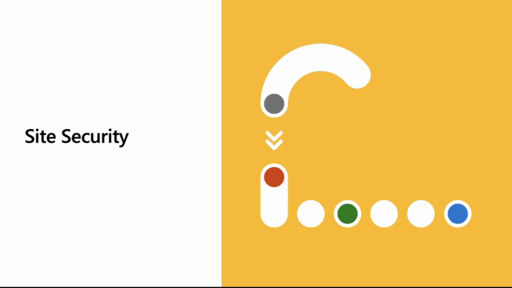Before diving into the recent updates for site security, I'll share a short overview of what site security is. Site security is a new core experience within Microsoft Defender for OT in the XDR portal, the Defender portal, tailored specifically for OT environments.